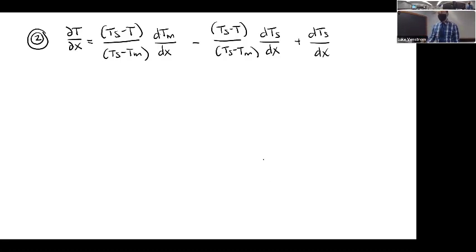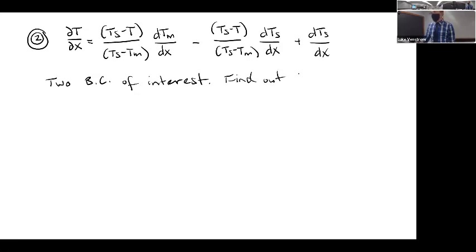So now there are two boundary conditions of interest. We're thinking about the constant flux one, which we'll talk about, but there's also a constant temperature one. So you can write this down. There are two boundary conditions of interest to us, and we want to find out how dT dx and the mean temperature gradient are related in both cases.